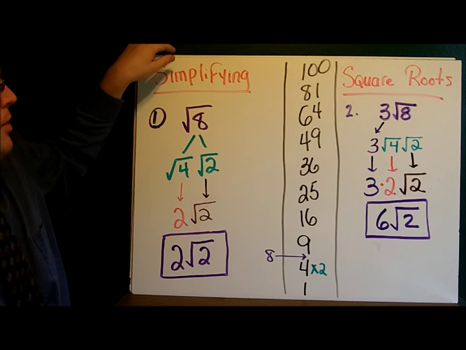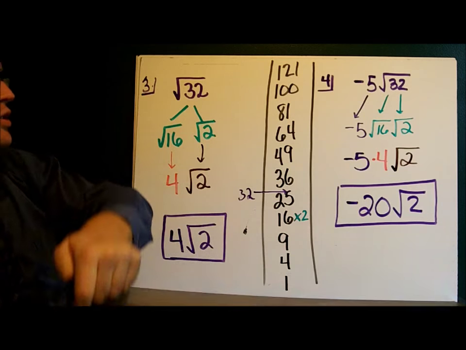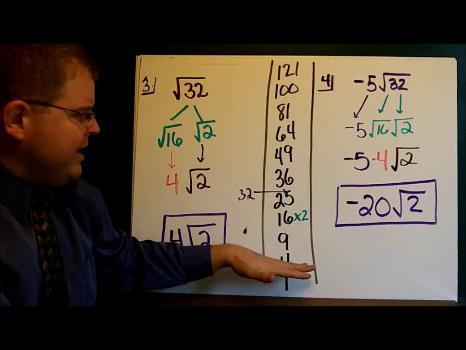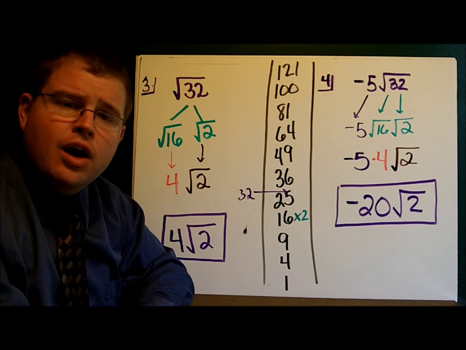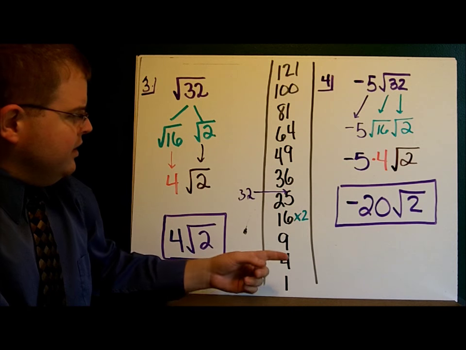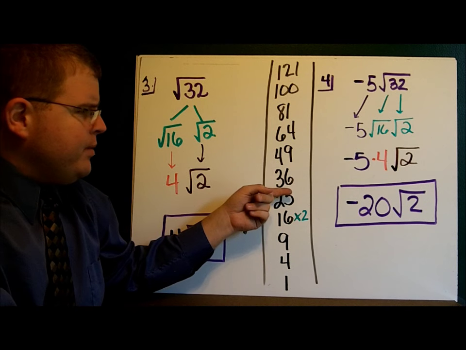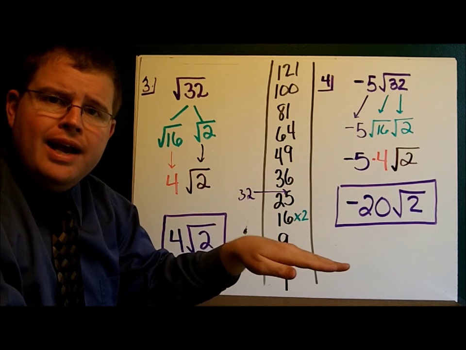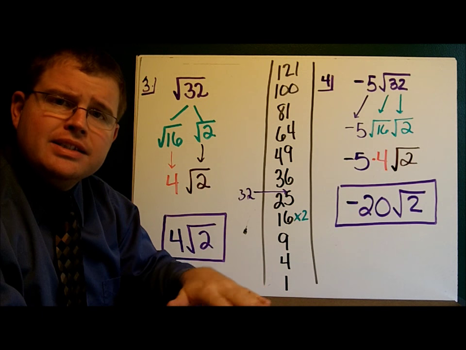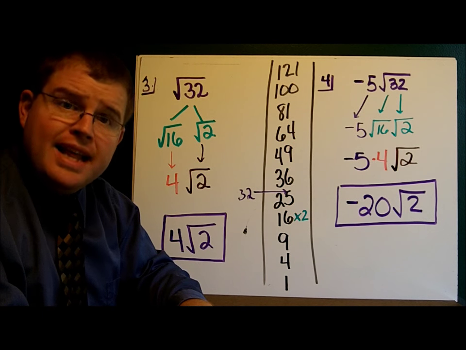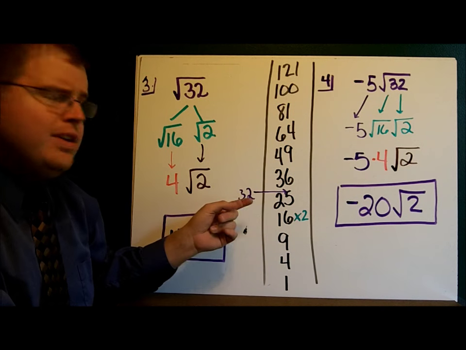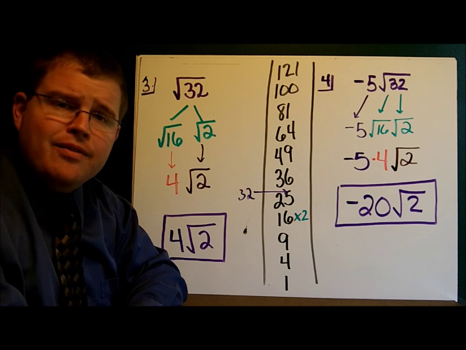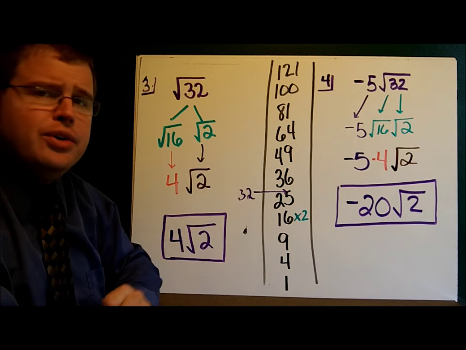On example number 3, we have the square root of 32. Again, I generate my list of perfect squares. Always generate that list. Now 32 would be right here, but it's not in the list. And so I'm going to go down from biggest to smallest to find the largest one that goes into that. 25 does not go into 32 evenly. 16 does, however. 16 times 2.